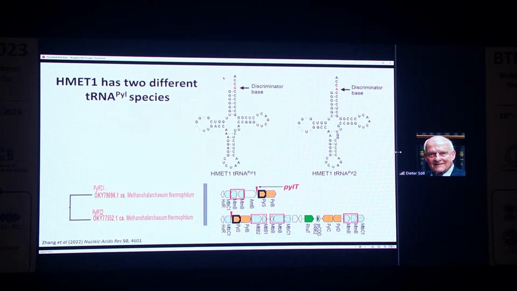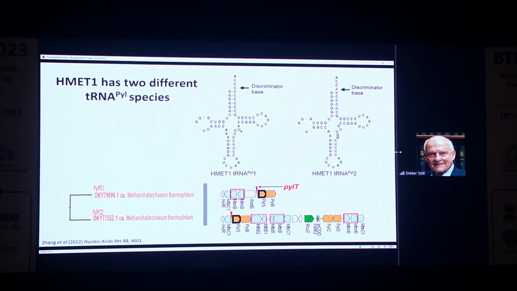And this is the number one tRNA Pyl and number two tRNA Pyl that, among a few other bases, differ in the discriminator base. tRNA Pyl 1 has a G, as most other tRNA Pyls, while a discriminator base A is found in tRNA Pyl 2.